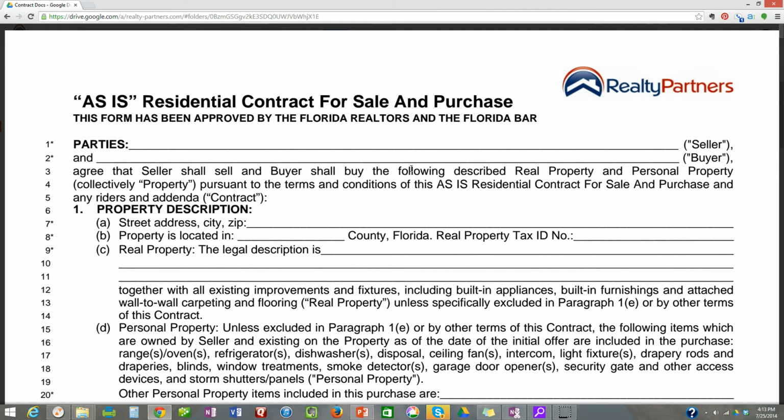Also, the fact that the seller has to disclose any material known facts is not going to be alleviated by an as-is contract. So if you have a seller that knows that there's a hidden defect and they're not going to disclose it, and they try to lean onto, well, this was an as-is contract and we bought it as is, that could still be very, very problematic.